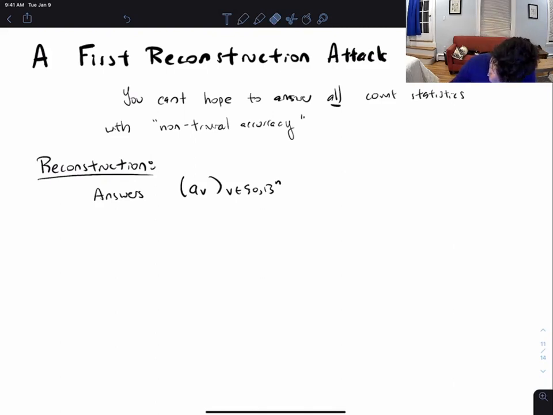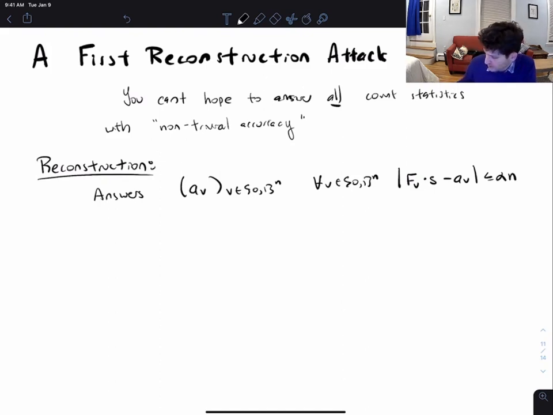And what it satisfies is that for every vector v in {0,1}^n, v dot s is at most alpha n from the true value, given the secrets I have.